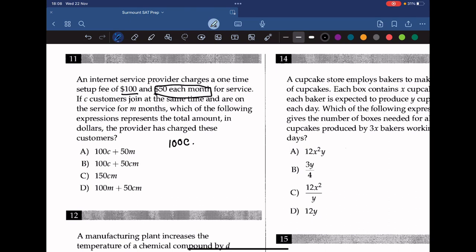The monthly cost for all the customers amounts to 50C. See how we're adding C here? And over M months, the monthly charges add up to 50C times M, or 50CM. So the total charge is therefore the initial 100C plus 50CM. So the answer should be B.